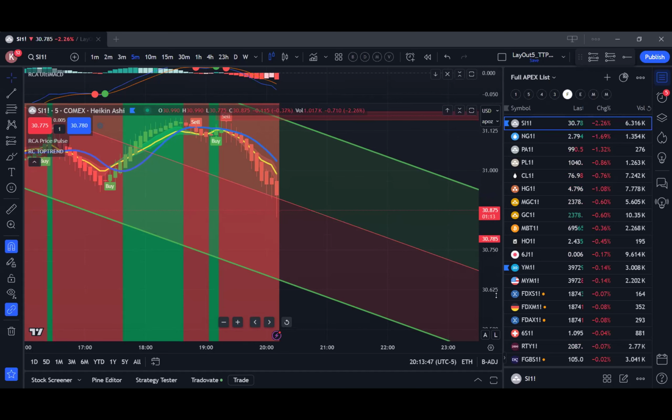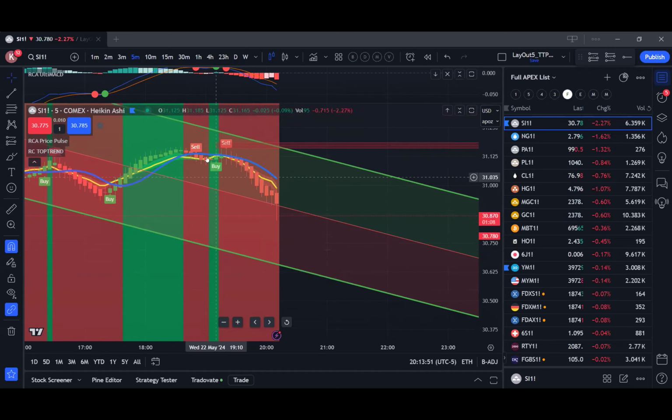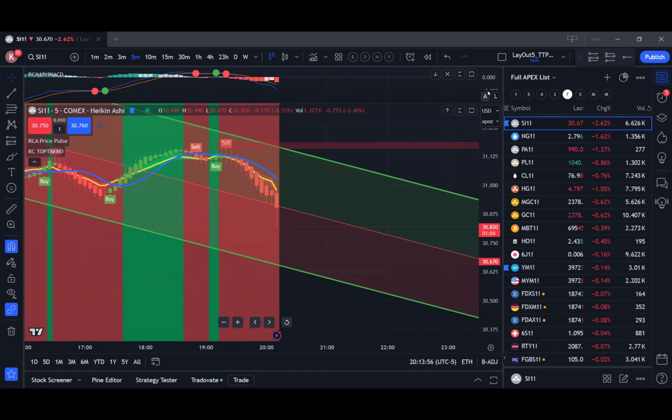I took another $100 profit there. It can come further down, but it's good enough.